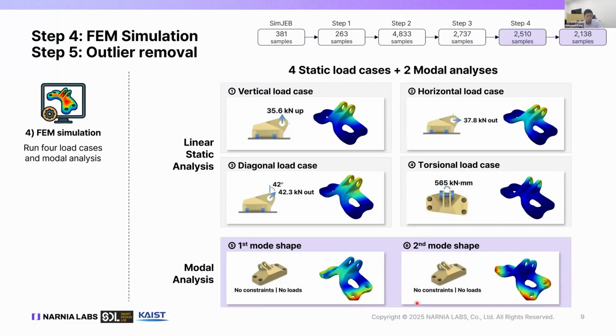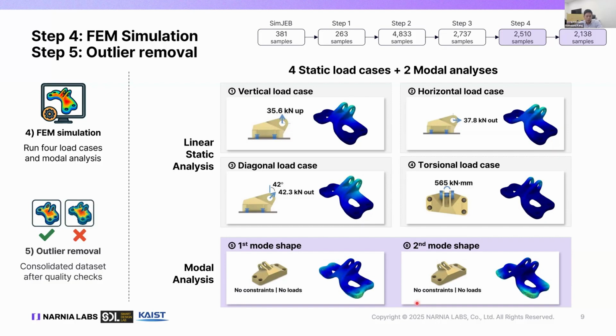This automated process wasn't perfect, so we encountered about 200 simulation failures. Furthermore, in step 5, outlier removal, we filtered out about 400 samples with unrealistic stress values caused by mesh artifacts. And after that entire rigorous process, we finalized the DeepJEB dataset with 2,138 samples.